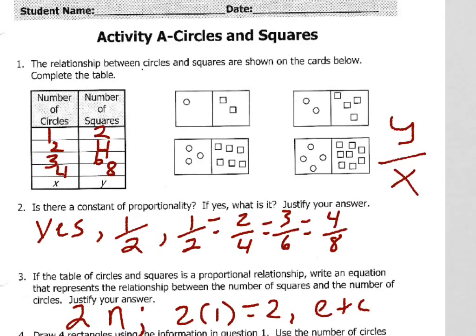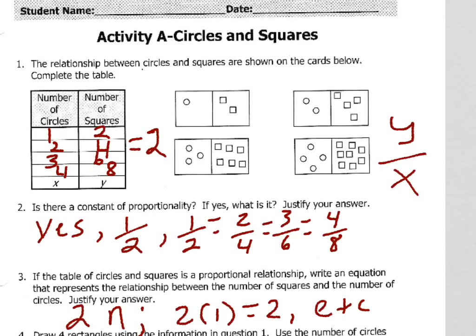And if we have y over x, I am looking at 2 over 1, 4 over 2, 6 over 3, 8 over 4, which give me a proportionality where they all equal 2. Okay, so yes.